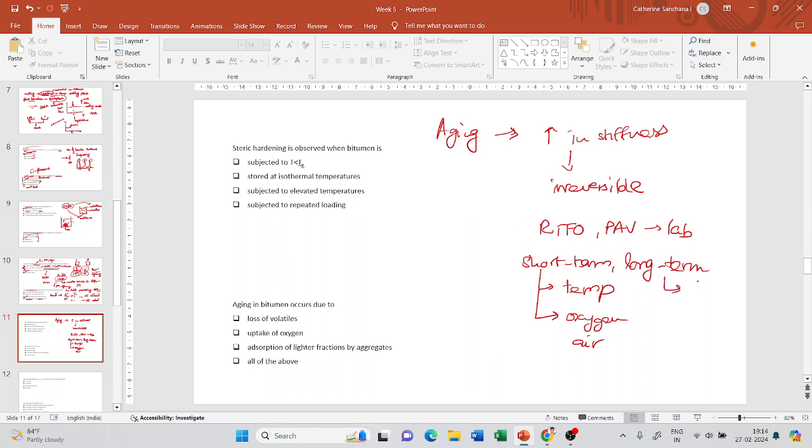For long term aging, there are many factors that influence aging. It could be sunlight, it could be beta and gamma rays, along with oxygen and temperature.